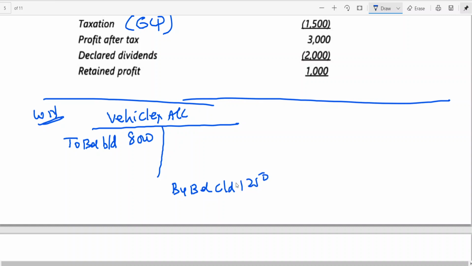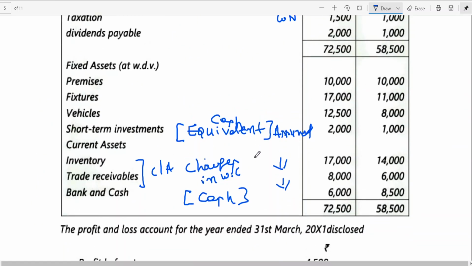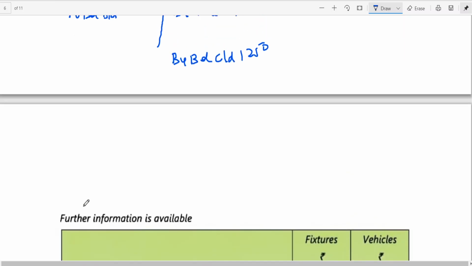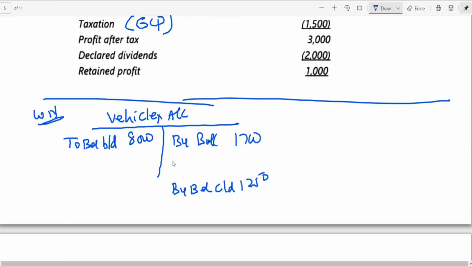Then after that, the vehicle has been sold for 1,700. You also got depreciation. I think here it has been given: vehicle depreciation for the year is 2,500. So what I am doing here, I am writing by depreciation 2,500. This is what I was telling you.